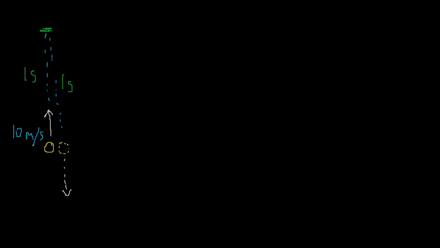And let me suppose that when it comes back down to the same level, it also has a speed of 10 meters per second. We'll learn later on when we talk about Newton's law about why it comes back down. When it comes back down, the speed is the same.